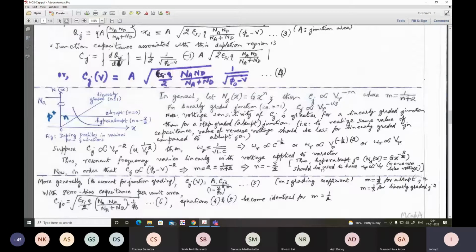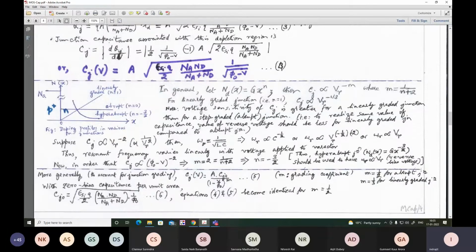So a hyper abrupt junction may be used for generating a varactor diode, so that ultimately, as a radio engineer, you can have the resonant frequency directly proportional to the reverse voltage. This may lead to some advantage in the design of the overall radio circuit, but we are not going into details.